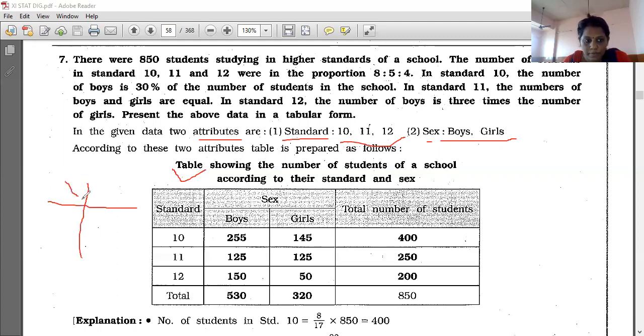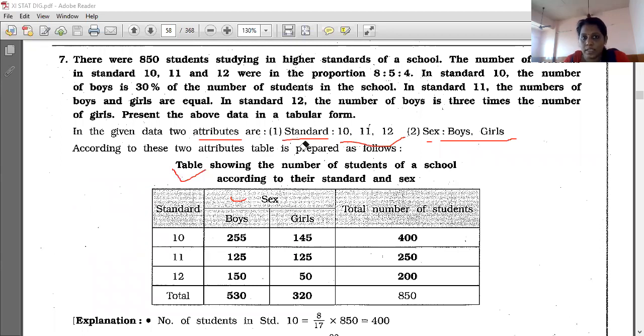Here you can write the standard, and here you can write the gender, so boys and girls will come over here. It is the same way, but the way of writing is a little bit different. Nothing new in this. The table can be drawn any way.